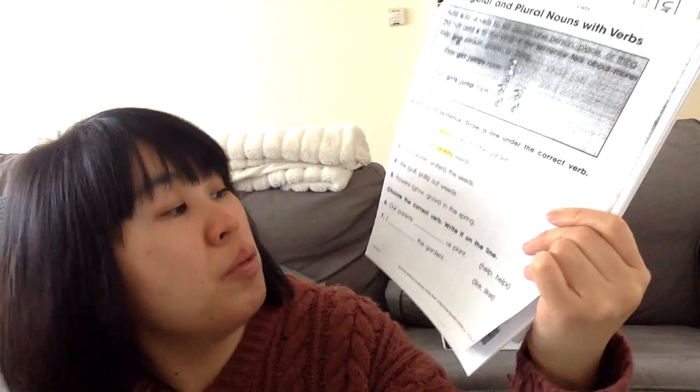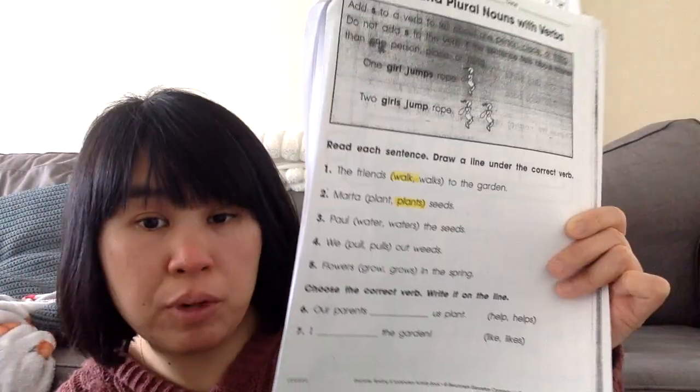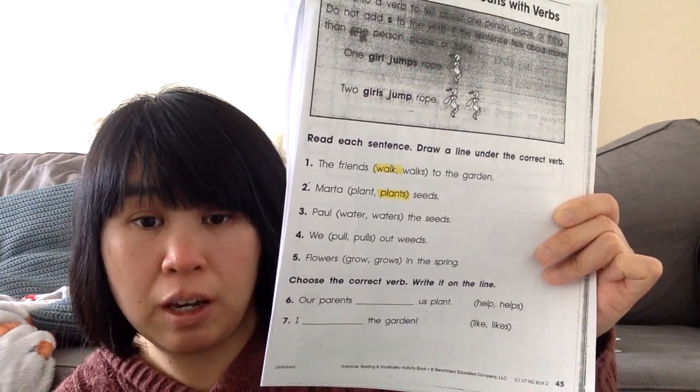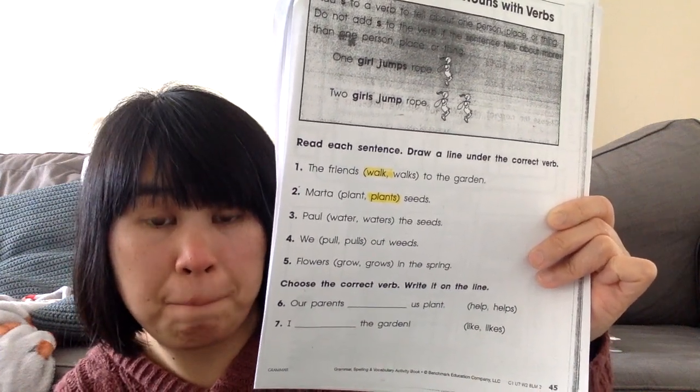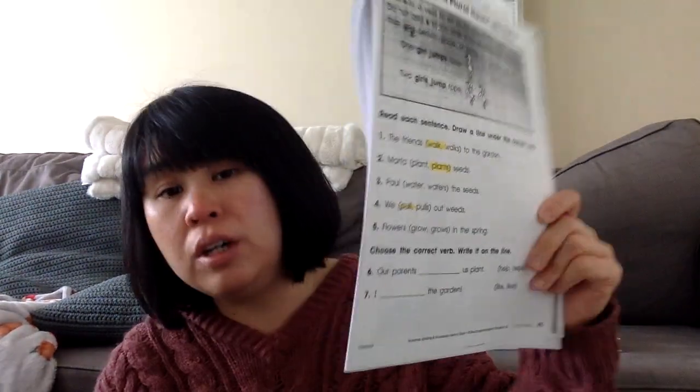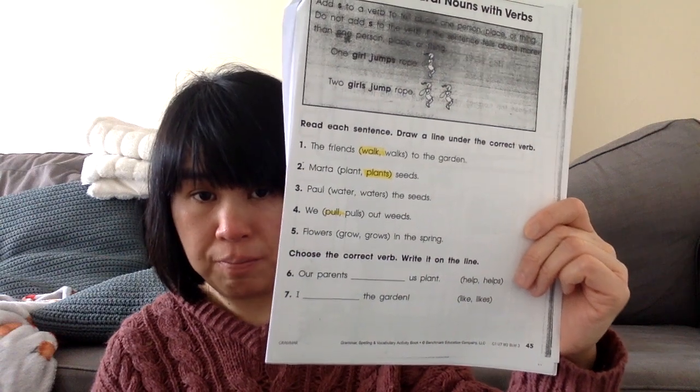That is true. So when we say we, it means more than one person. So if it's more than one person, what do you think we need to circle? That is true. So we need to circle pull because we has more than one person.